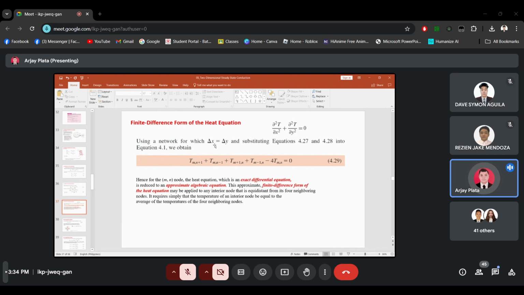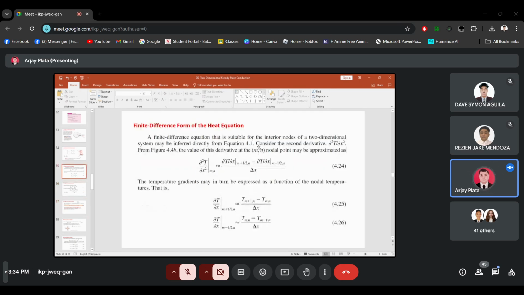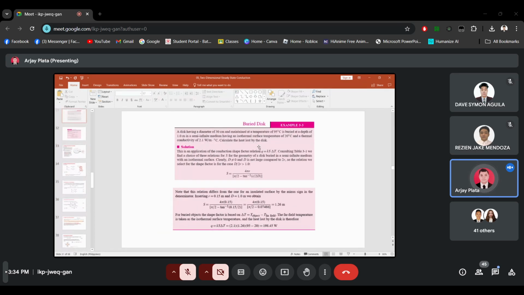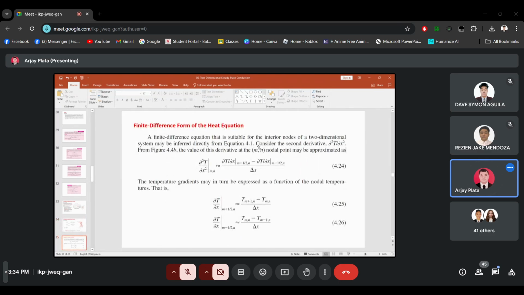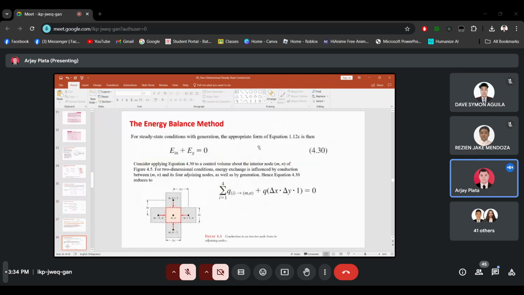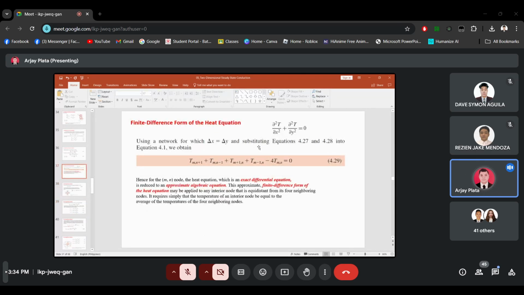If delta x equals delta y, we can substitute equations 4.27 and 4.28 into equation 4.1. This is our equation 4.1.